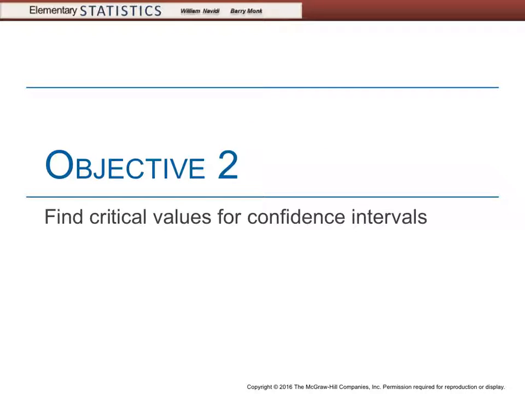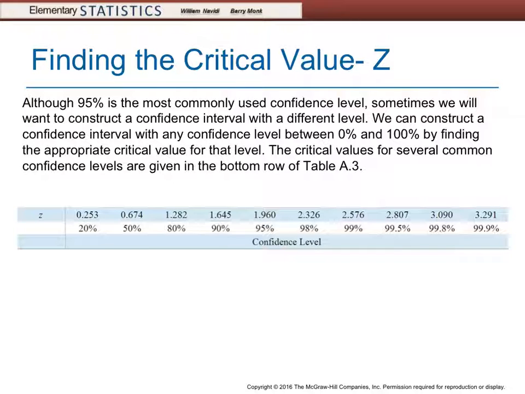So now our objective 2 is to find the critical value z for various confidence intervals. Although 95% is the most commonly used confidence level, sometimes we want to construct a confidence interval with a different level. We can construct a confidence interval with any confidence level between 0 and 100 by finding the appropriate critical value for that level.